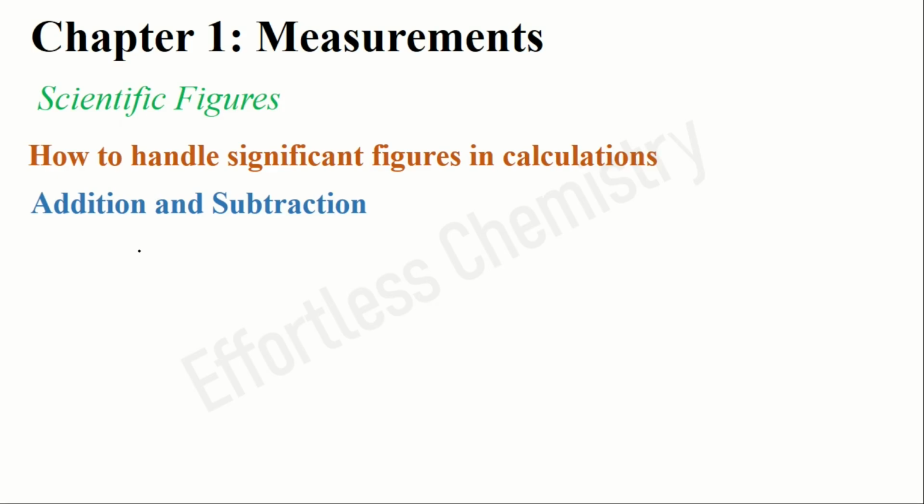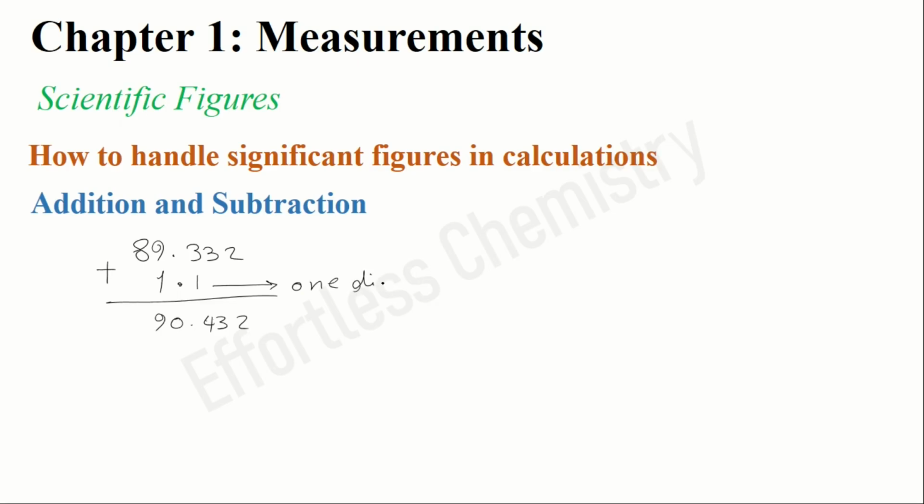Consider this example: 89.332 plus 1.1. The answer is 90.432. Consider that here we have one digit after the decimal point.